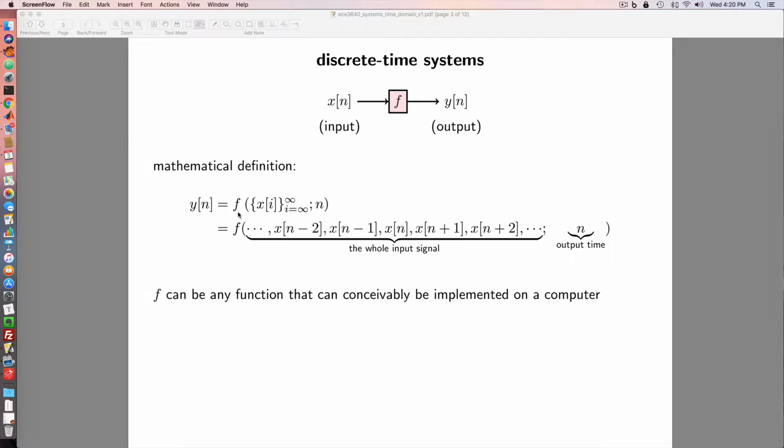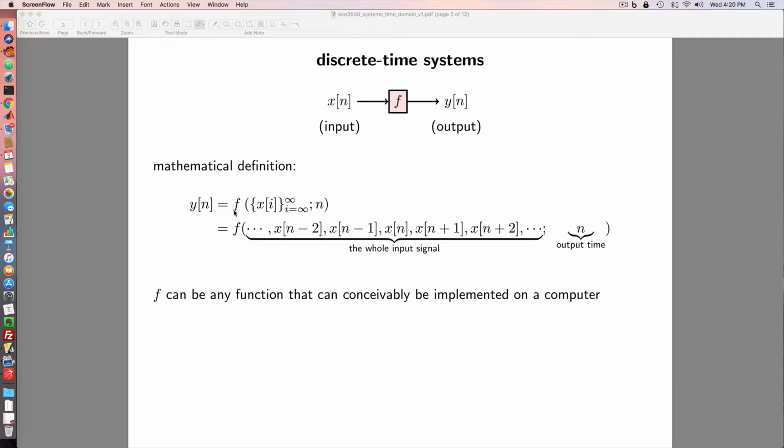So that function has two arguments. The first argument is the input signal. And notice that it's not just one sample of the input signal, it's all the samples of the input signal in general. And the second argument is a time index. Basically, it's the time at which we wish to compute the output.